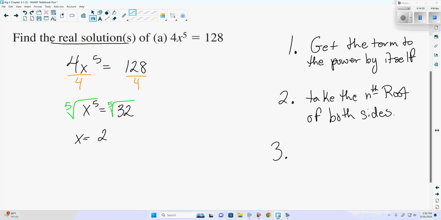This is a degree 5, so how many solutions should this have? 5. 4 of them are going to be imaginary or complex. One of them is real. But we're not going to focus on the imaginary because it didn't ask for them. But we have this here, yes? We ready for step number 3?